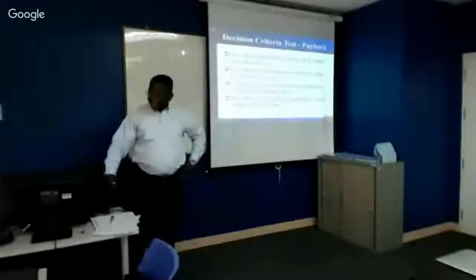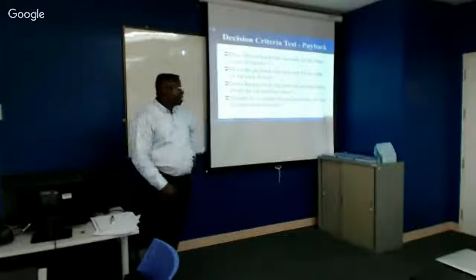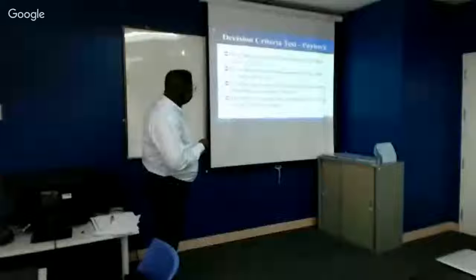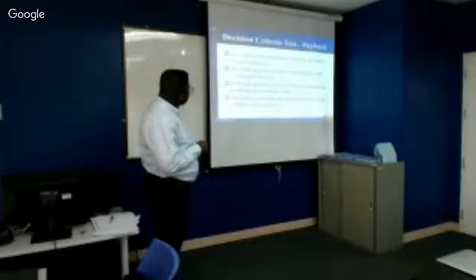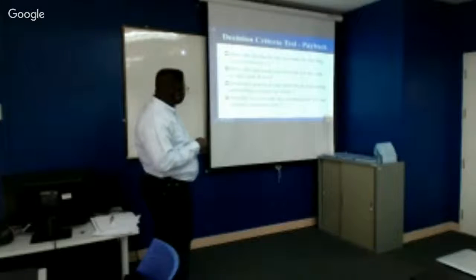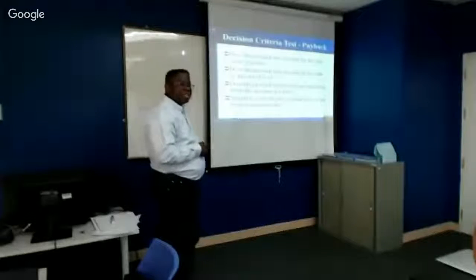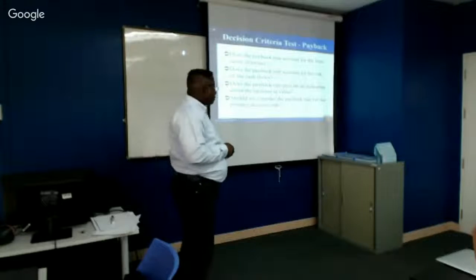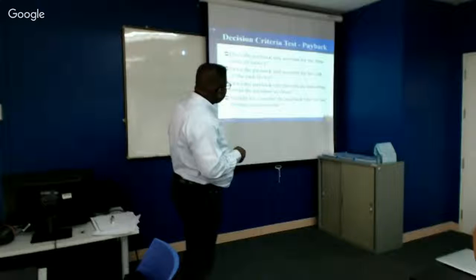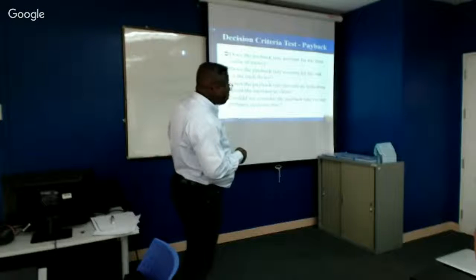So these are the decision criteria tests for the payback. Does the payback rule account for the time value of money? No. I put all the responses here, but I cannot see them. Does the payback rule account for the risk of the cash flows?